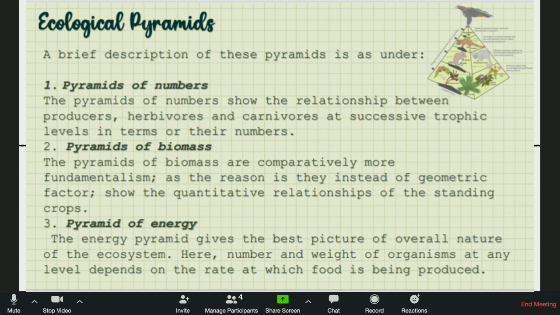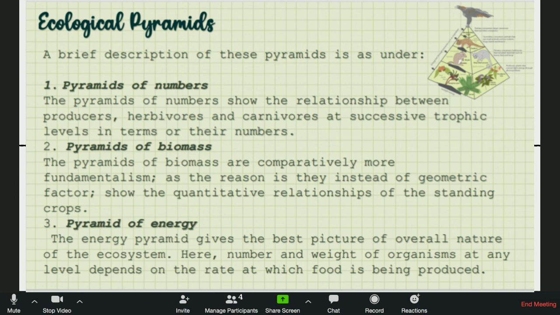In grassland and forest, there is generally a gradual decrease in biomass of organisms at successive levels from the producers to the top carnivores. In this way, the pyramids are upright. However, in a pond, the producers are small organisms. Their biomass is least, and this value gradually shows an increase towards the apex of the pyramid, and the pyramids are made inverted in shape.